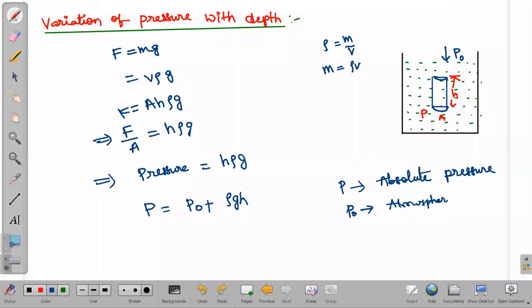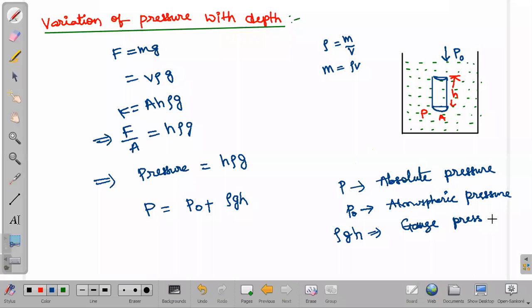Next one is what? Rho g h. Rho g h is what? Gauge pressure we call it. Rho g h we call gauge pressure.